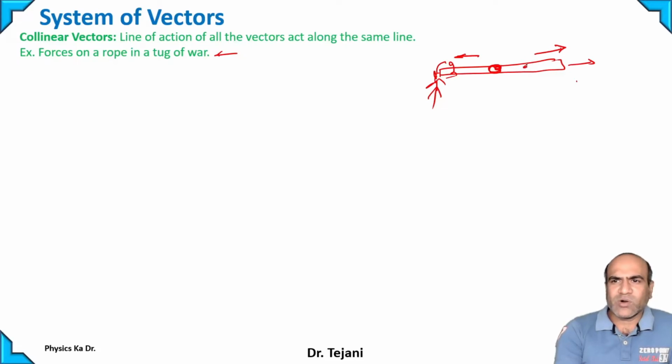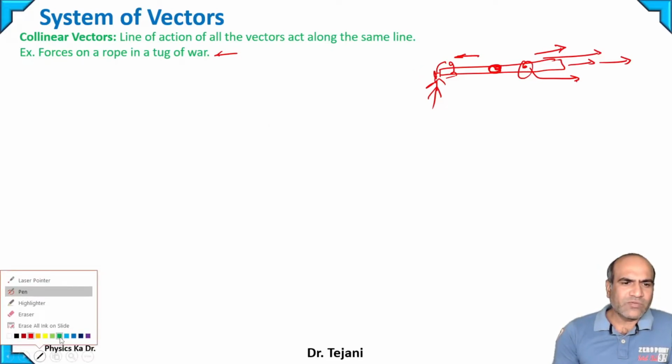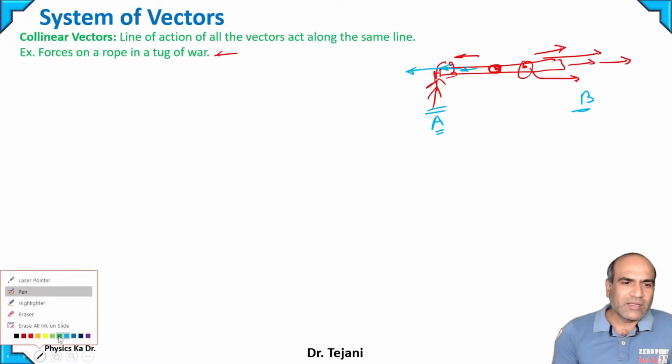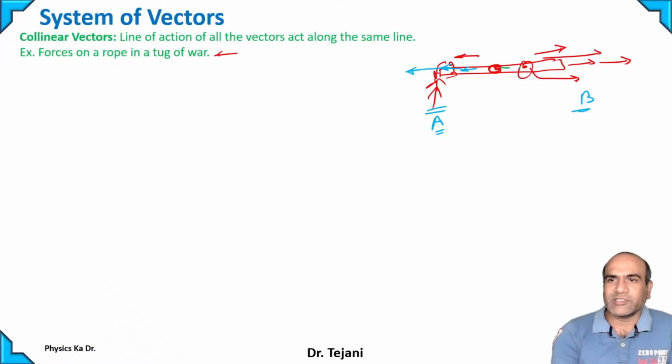All the forces, all the hands in the tug of war, are in the same direction, the direction of the rope. So this side is A, and all are in the same direction, and the B side has all in the opposite direction.